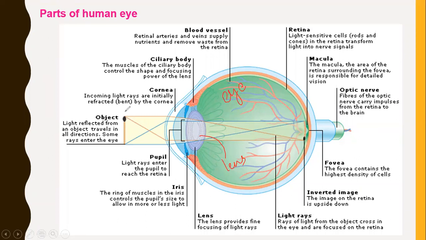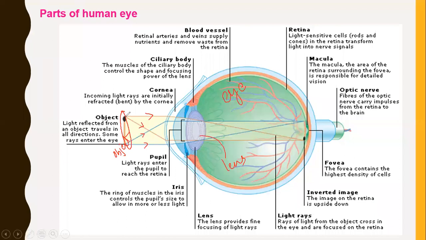You are placing an object in front of the eye. This is the object. From this object, you can construct a ray diagram. From this object, a light ray travels in this particular direction.